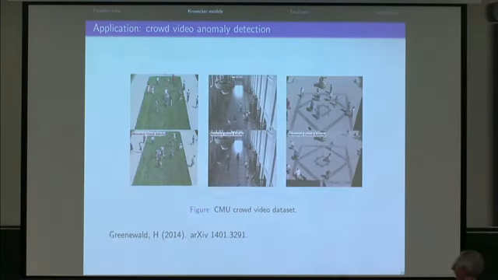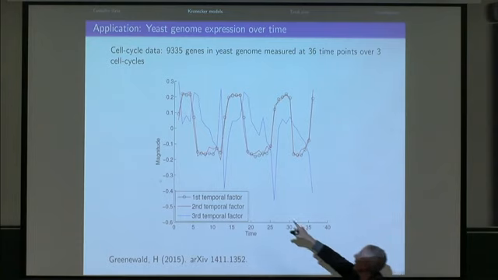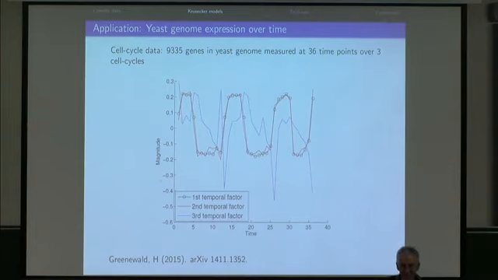But the result that I showed here shows really cleanly that in this case, where we have no idea that there's a circadian component in the very high dimensional data, it comes out directly in the temporal covariance.